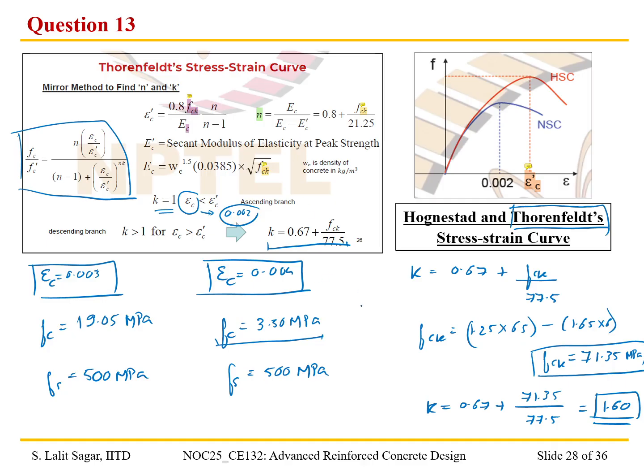That is, let me take a different color and write down, P is equal to Fc into Ac plus Fs into As. So when we plug this value in this equation, we know the value of Ac and As from the previous problem. For this, we get the value of P as 3261.7.